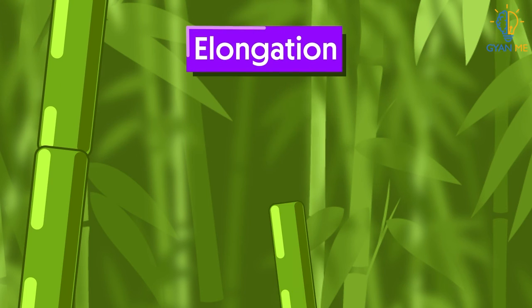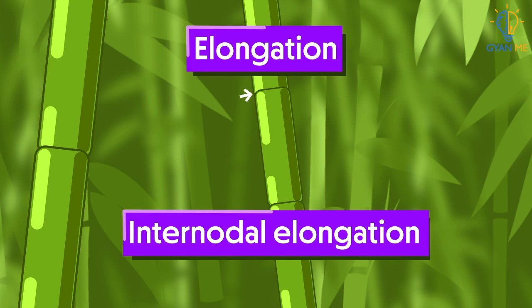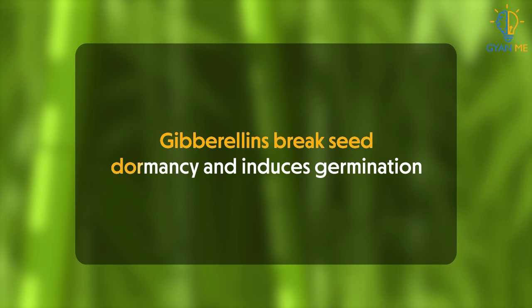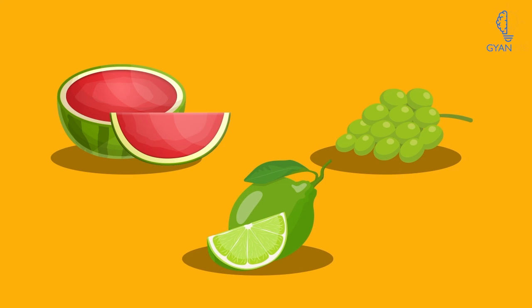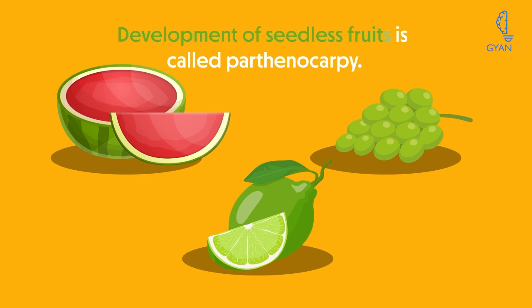Gibberellins cause stem elongation in plants by promoting internodal elongation. Gibberellins break seed dormancy and induce germination. Like auxins, gibberellins also are helpful in development of seedless fruits. Development of fruit without fertilization is called parthenocarpy.